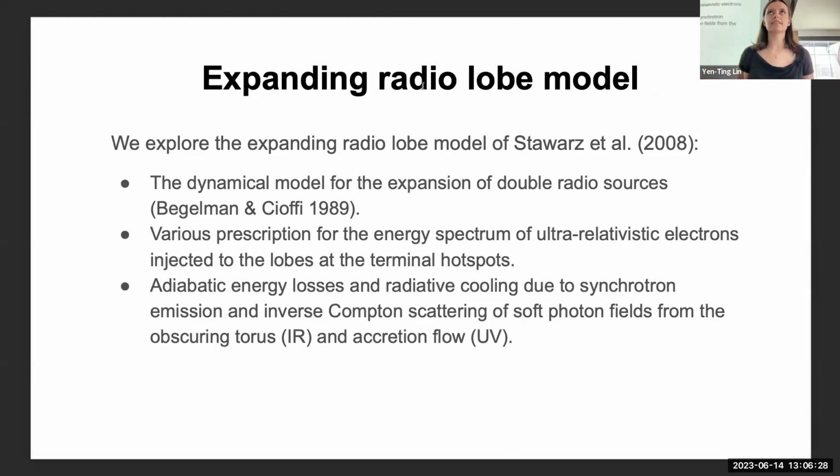And then we can calculate the energy evolution of those electrons, taking into account adiabatic losses and also radiative cooling components. Radiative cooling takes into account inverse Compton emission of the soft photon fields, such as infrared and UV, and also synchrotron emission.